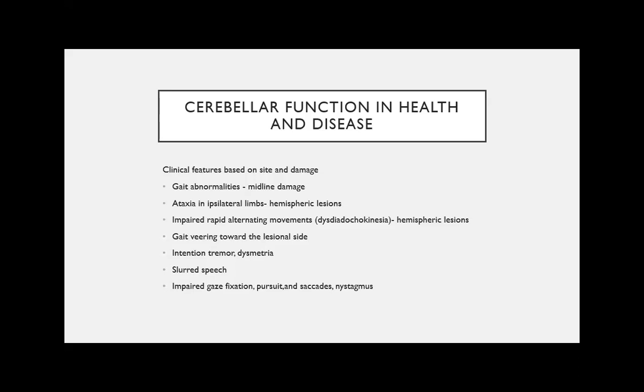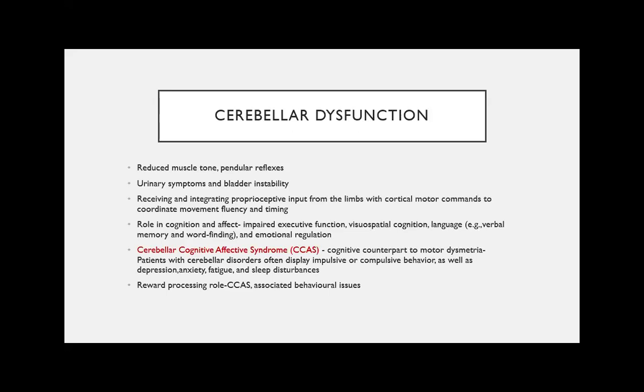There can be gait veering towards the lesional side in hemispheric and midline lesions, intention tremor, dysmetria, slurred speech, impaired gaze fixation, pursuits and broken pursuits, nystagmus, reduced muscle tone, pendular reflexes, urinary symptoms, and bladder instability. And these are all features of cerebellar dysfunction.